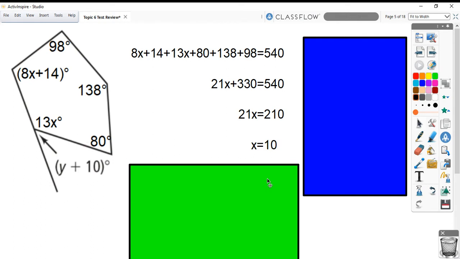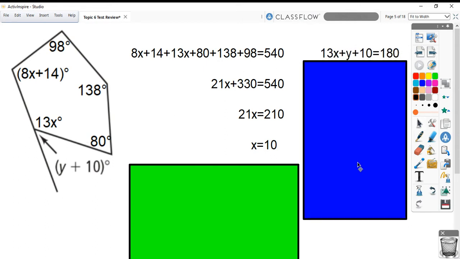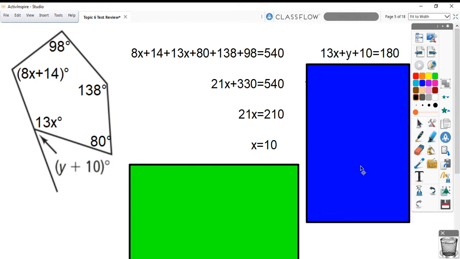Now, the next part that we're looking at is solving for y, and y is this exterior angle right here. And when we're looking at this, we already have that x equals 10. The other thing we need to know is this right here, 13x plus y plus 10. Our interior angle plus the exterior angle equals 180.